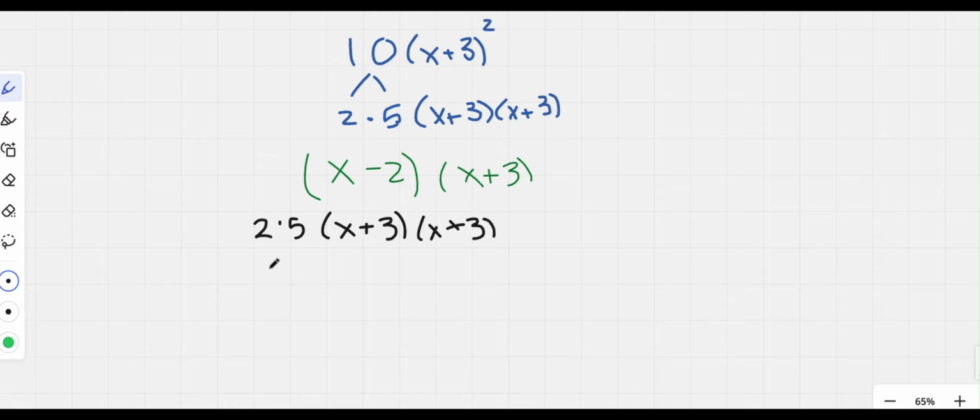So 2 appears once in either expression. The prime factor 5 appears once in either expression. X minus 2 appears once in either expression. And x plus 3 appears twice here, and once here. So we're going to put it the greatest number of times it appears, so that's going to be twice.